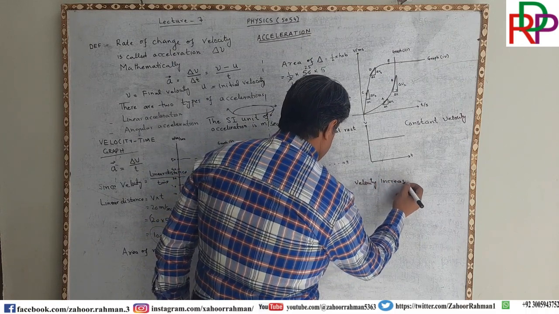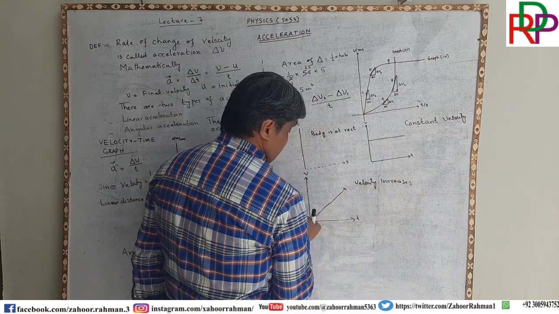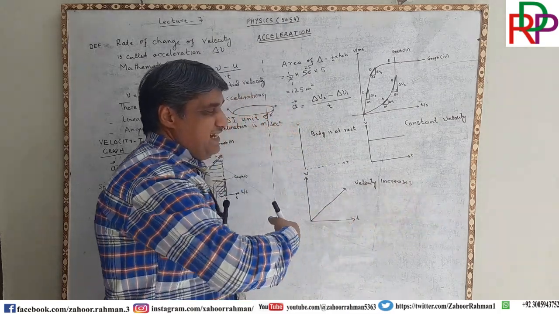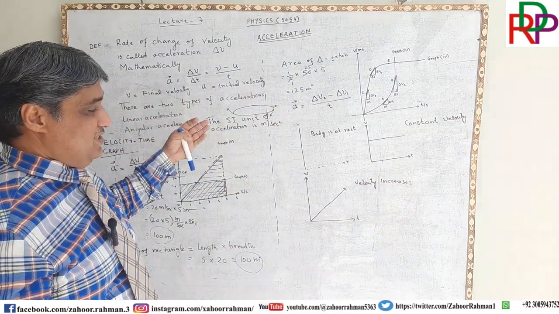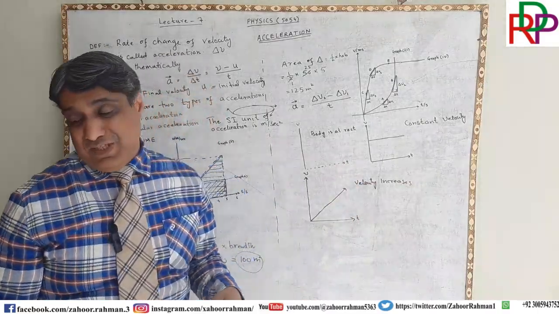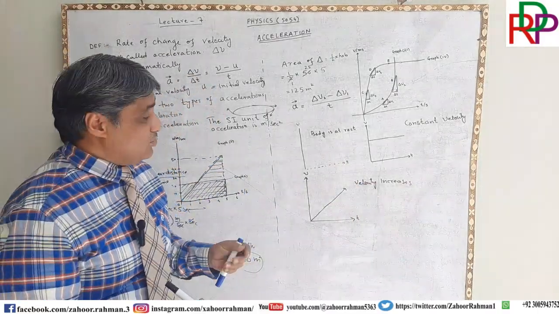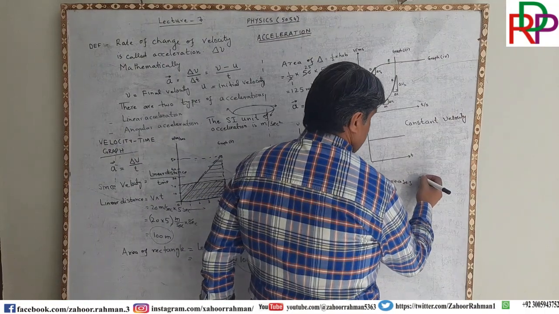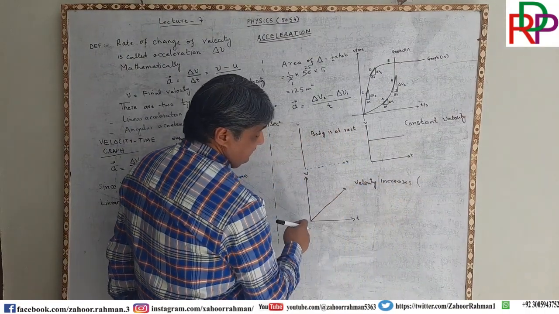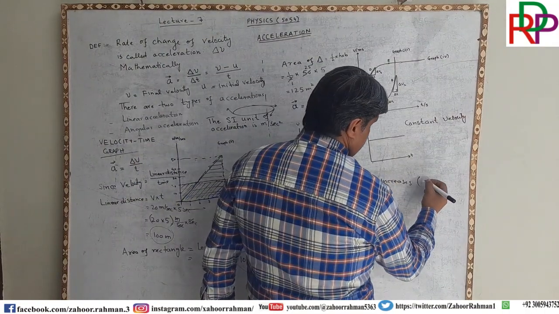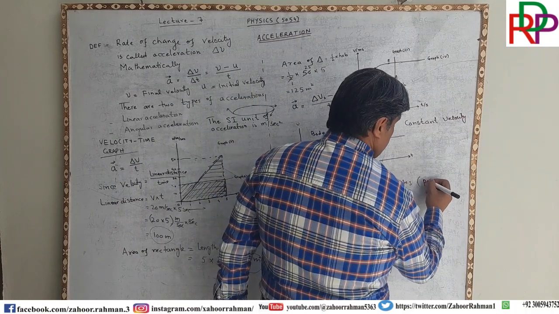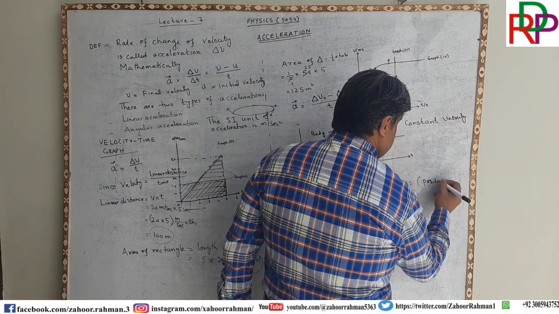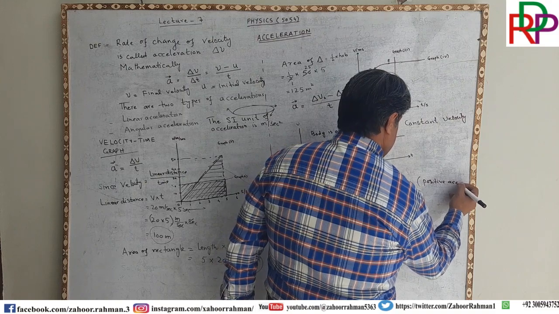You can see from here that it is increasing. If it went horizontally along the x-axis there would be no increase, but here it increases uniformly. So this is called positive acceleration because the gradient is positive.